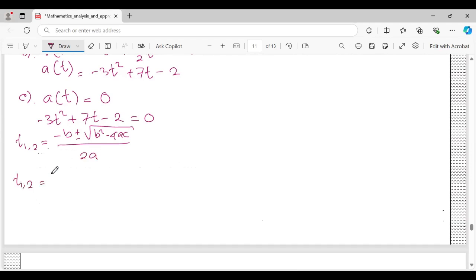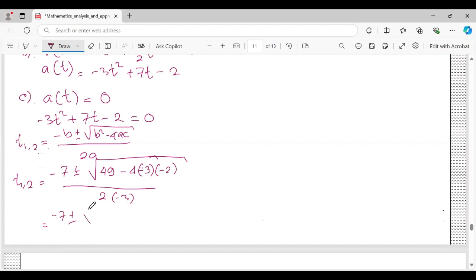t1 and t2 equal minus 7 plus or minus the square root of 7 squared minus 4 multiplied by minus 3 multiplied by minus 2, over 2 multiplied by minus 3. Minus 7 plus or minus the square root of 25, over minus 6. This is 25 because 49 minus 24.